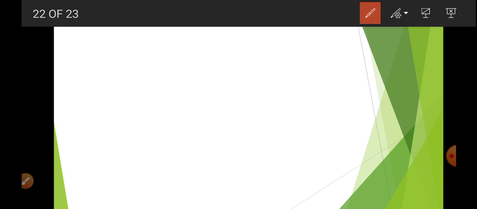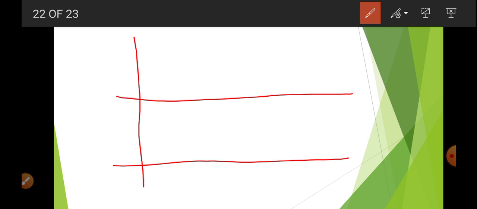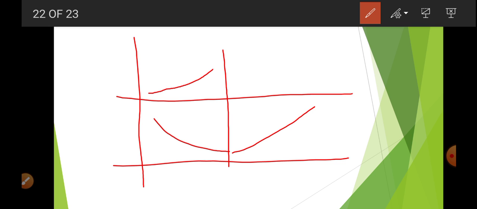Okay. So if I draw it, we have to draw one line. MC falls, then increases. Now TC increases at a diminishing rate, then at an increasing rate. So this is your TC and this is your MC.